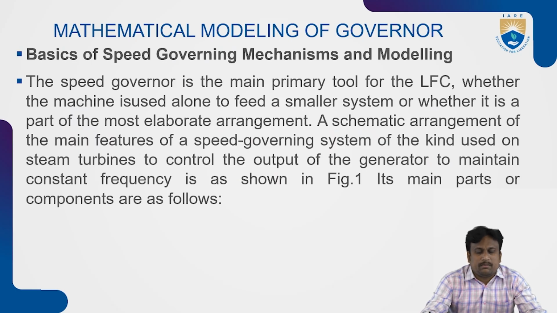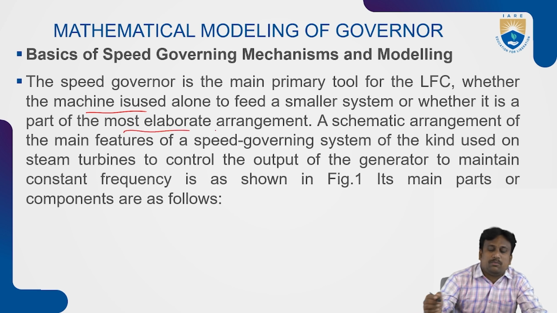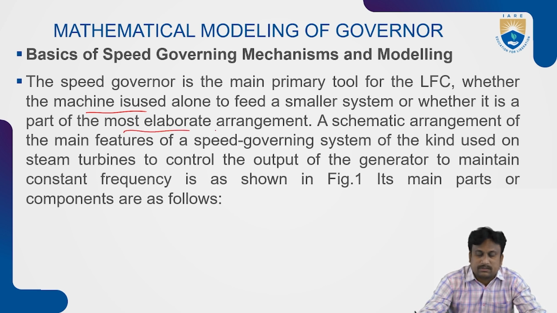Here, in the mathematical model of the governor mechanism, we are going to consider some basics of speed governing mechanisms and their modeling analysis. Speed governing is the primary tool for load frequency control, whether the machine is connected along a feed line to a smaller system or is part of a more elaborate arrangement.